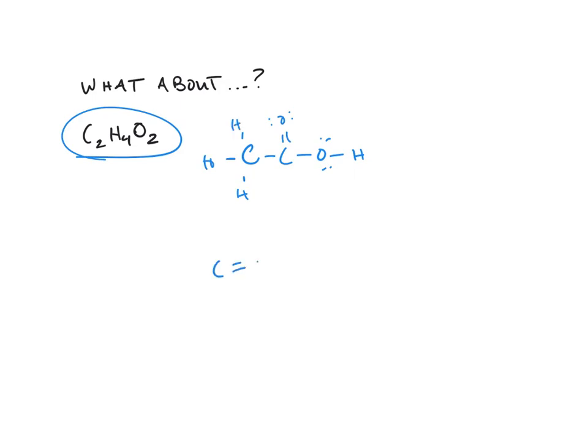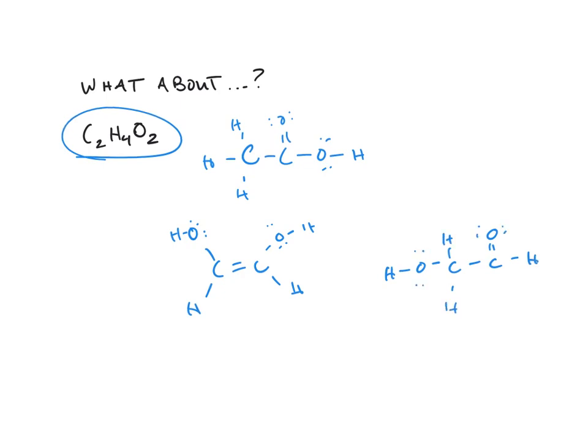I could double bond the carbons here, and I can put oxygens here like this, single bonded to that. Essentially, any structure that you draw here where you have a double bond, I can put an OH on one carbon, and then I can put 2 hydrogens and then a double bond oxygen on another carbon, like so.